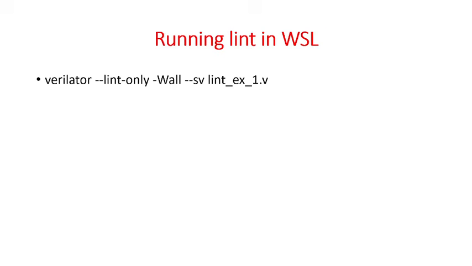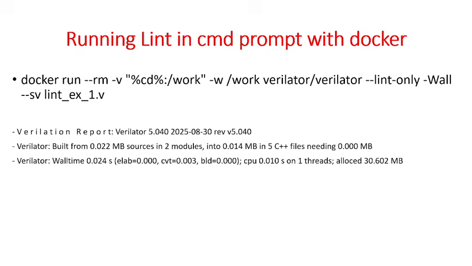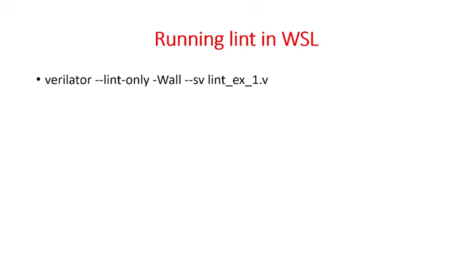The only thing is, inside Docker we use docker run, and after that we give the /work directory to set up the execution in the work directory internally, and then Verilator. Inside WSL, what we have is verilator --lint-only -Wall --sv and then the file name. This is how we are going to run that in WSL.